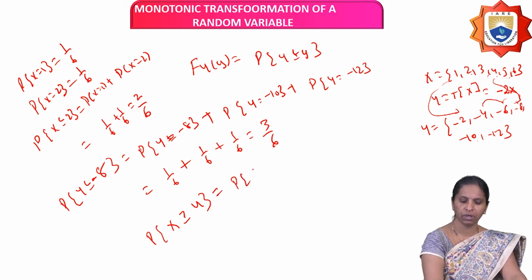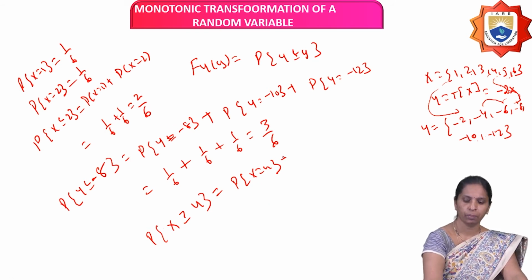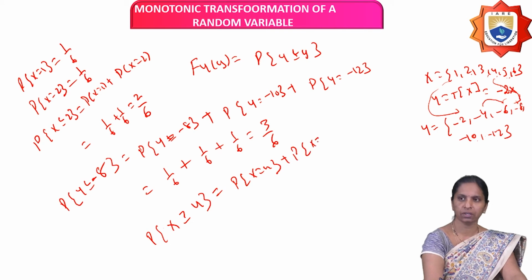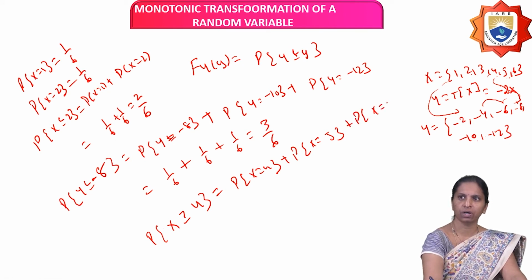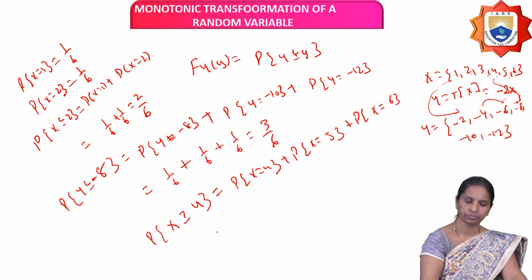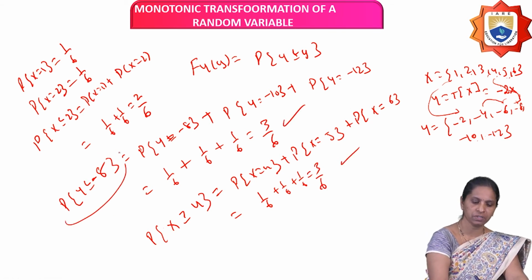So this is the probability that X equals 4, which corresponds to Y value minus 8, plus the probability that X equals 5, which corresponds to minus 10 in Y, plus X equals 6. That is 1 by 6 plus 1 by 6 plus 1 by 6, equal to 3 by 6. What does it mean?